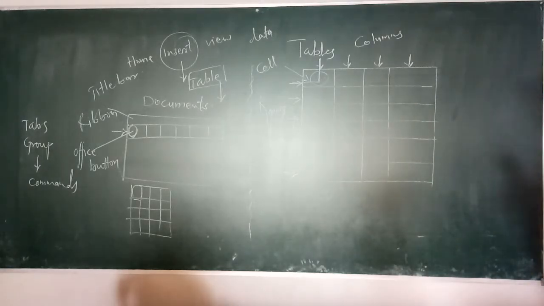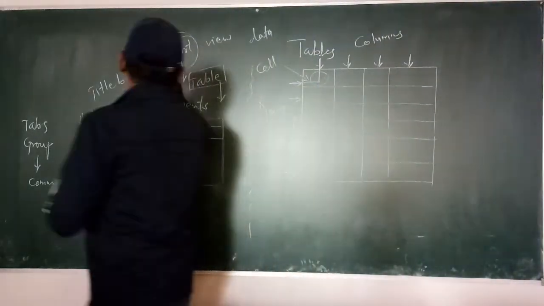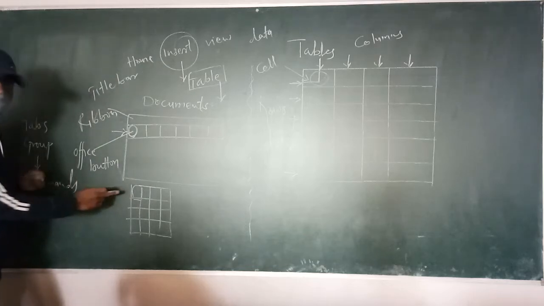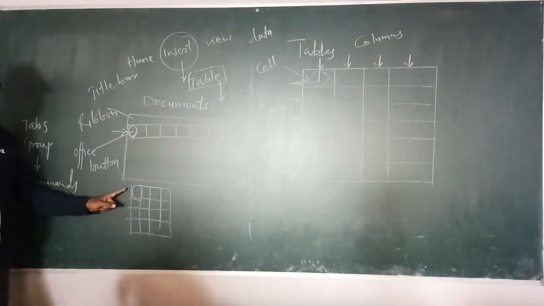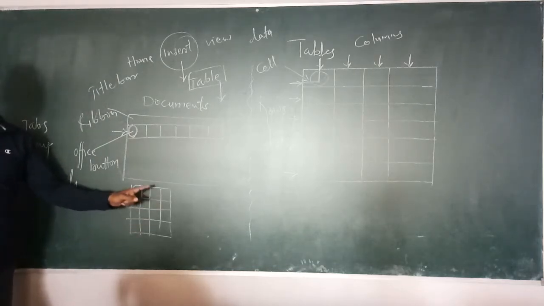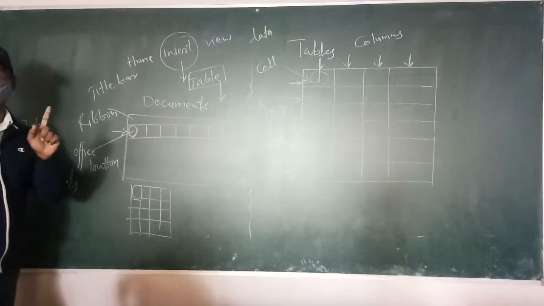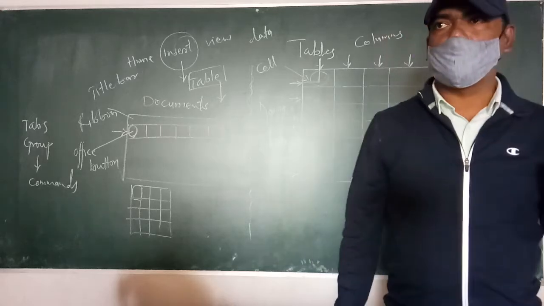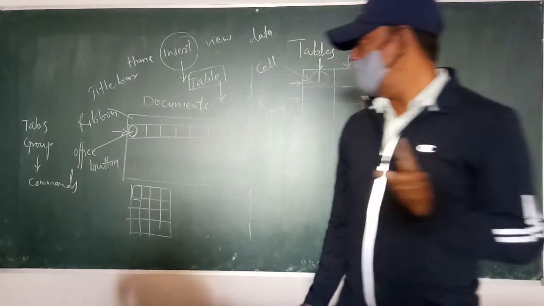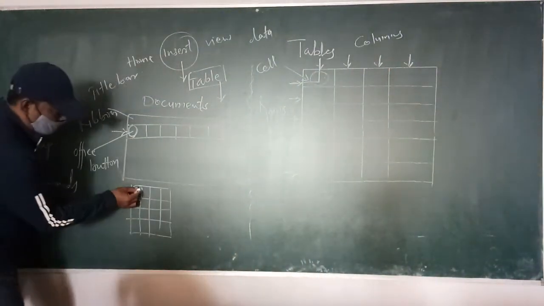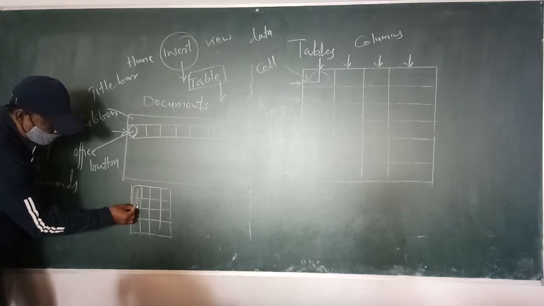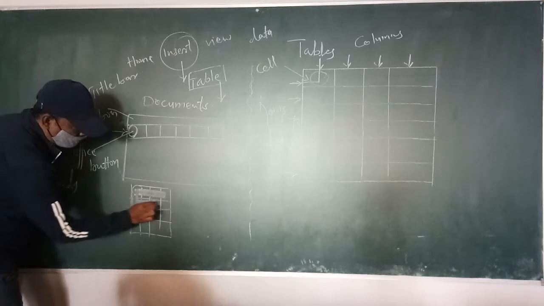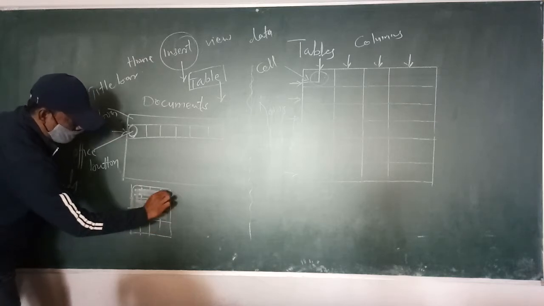Okay. So now when you click on Insert Table, you can see one option, that is the grid. Here you have to select how many rows and how many columns you want to create. For example, we want to create 3 rows and 4 columns. Here you can see these are 3 rows and 4 columns, so you select all these cells.